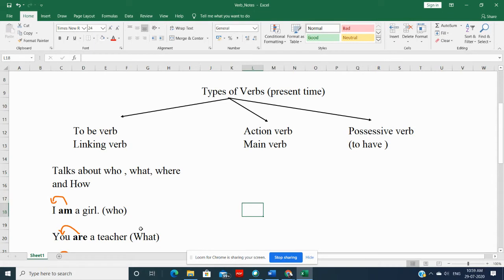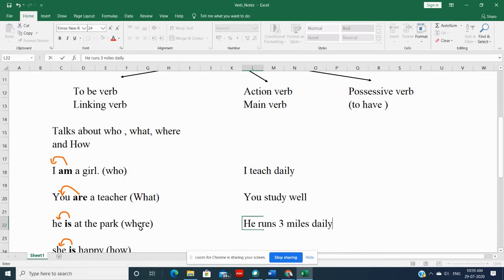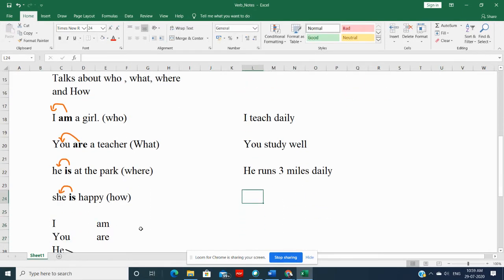Okay? So now let's see some sentences. I teach daily. All right? You study well. Okay? He runs 3 miles daily. Okay, now we can say that Durva talks a lot.